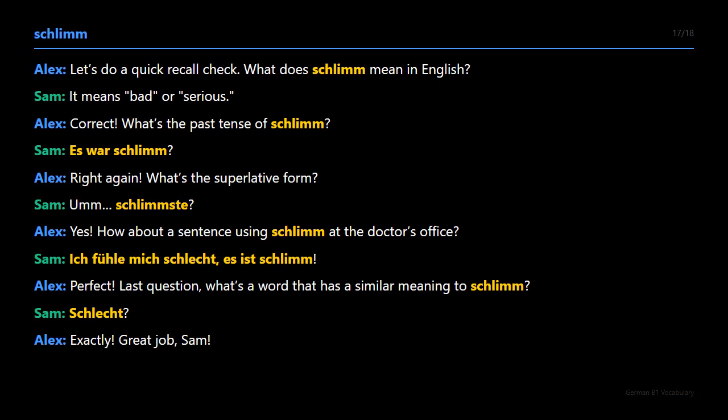Schlimmste. Yes. How about a sentence using Schlimm at the doctor's office? Ich fühle mich schlecht. Es ist schlimm. Perfect. Last question, what's a word that has a similar meaning to Schlimm? Schlecht.